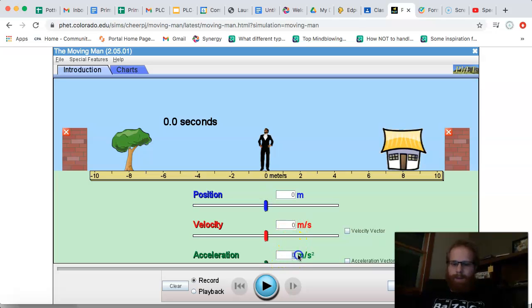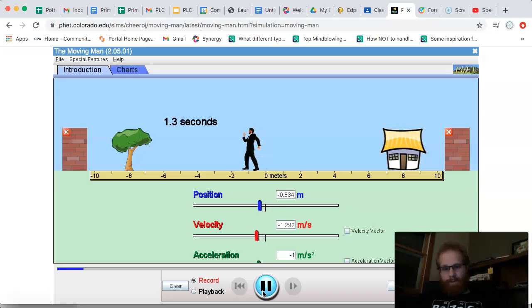All right, let's try a different set. So this time, I'm going to give him a negative acceleration. Okay, what's going to happen to his velocity or his speed this time around? What do you think? All right, let's find out. Yeah, he's going backwards.